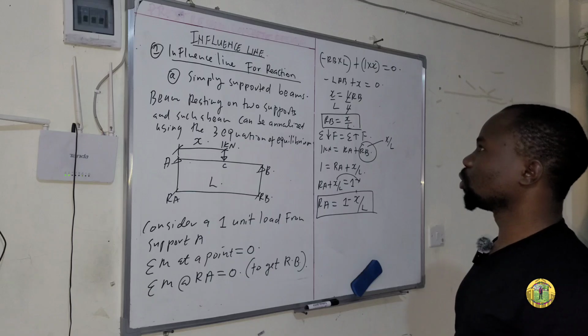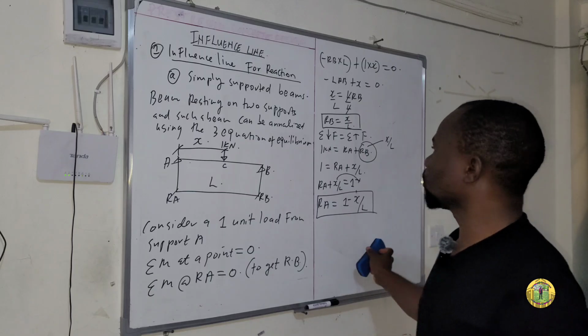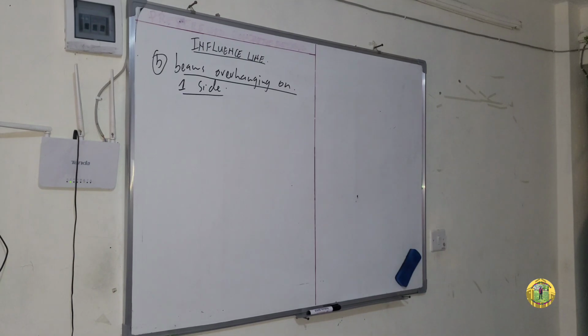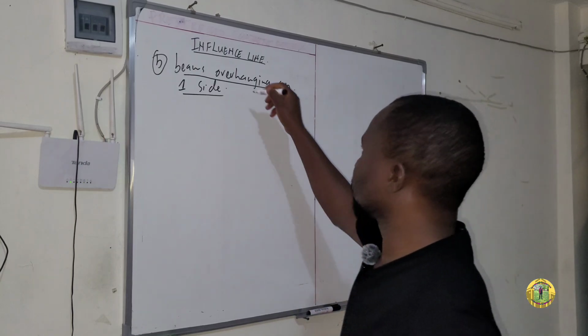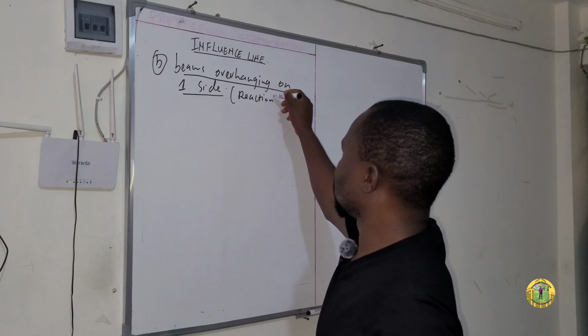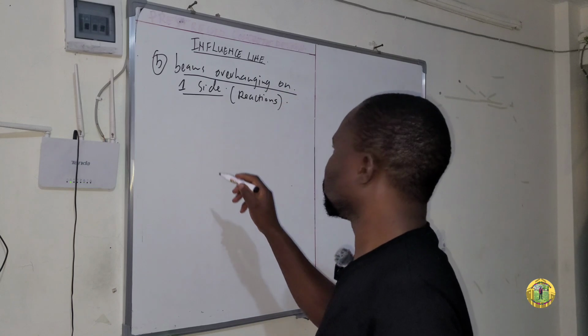We now proceed to number 2, which is a beam overhanging on one side. So B, we have beams overhanging on one side. Remember, this is reaction. So consider a beam shown below.